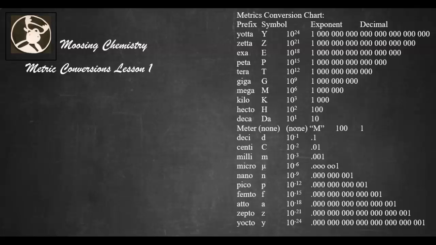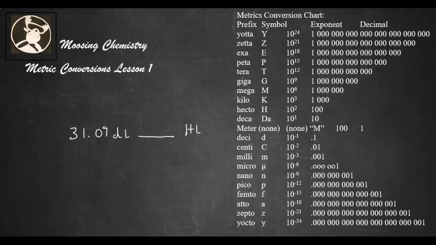This time, let's do something different with a different unit. Let's say we have 31.09 deciliters. All right? And we want to convert that to hectoliters.